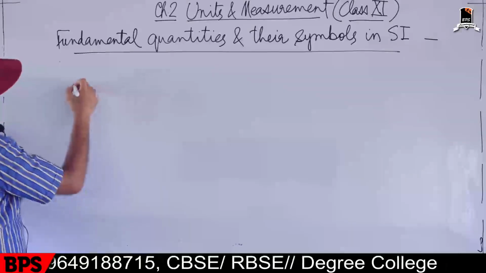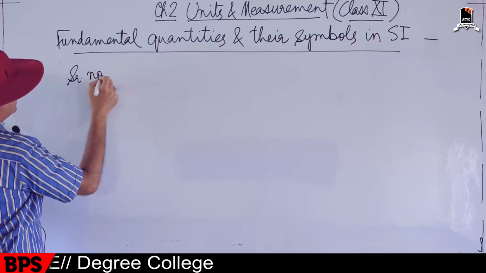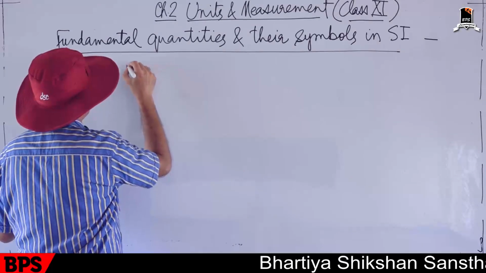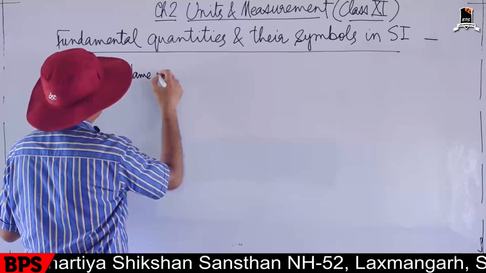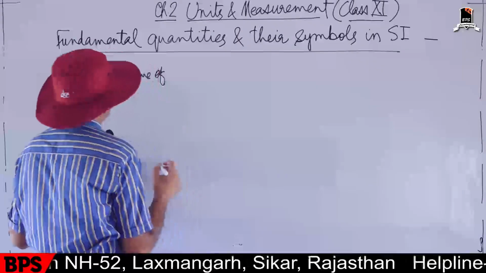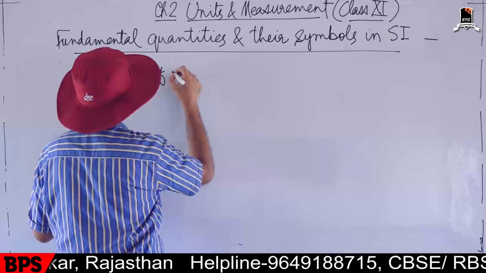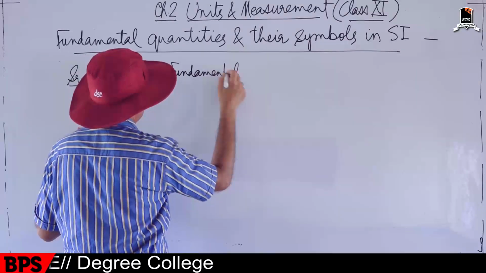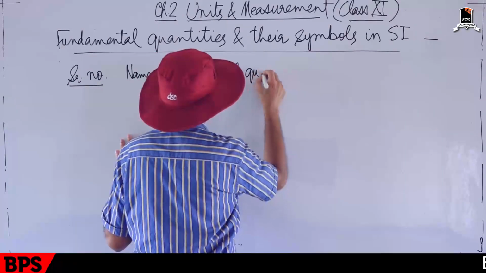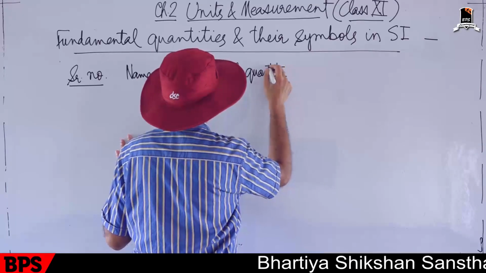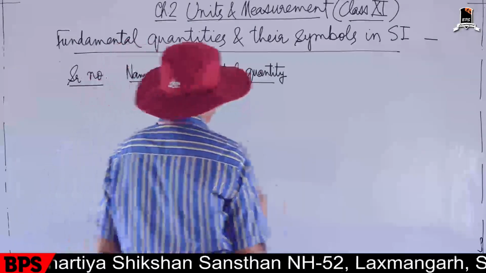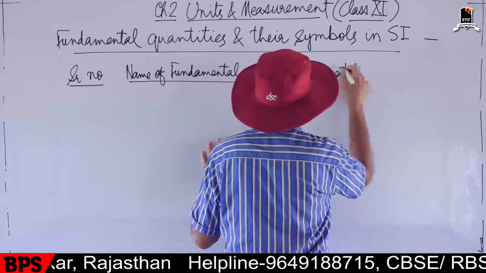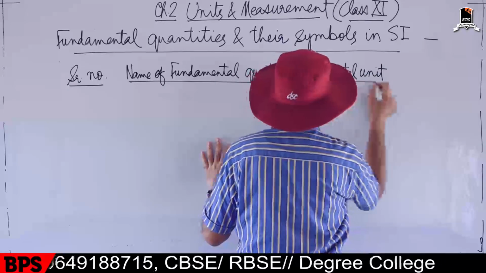So, first column is serial number, second column is name of fundamental quantity, its fundamental unit, and its symbol.